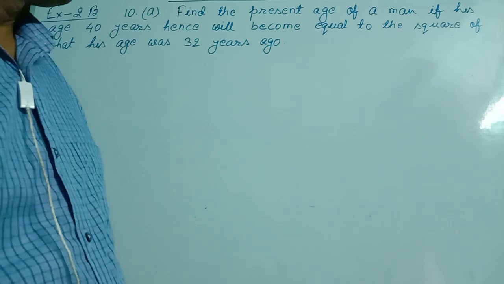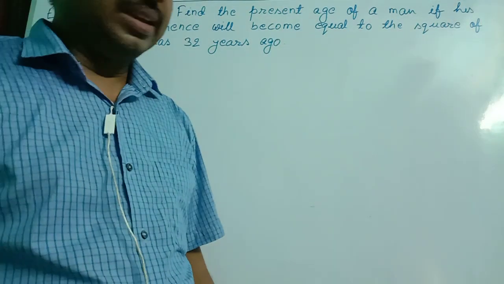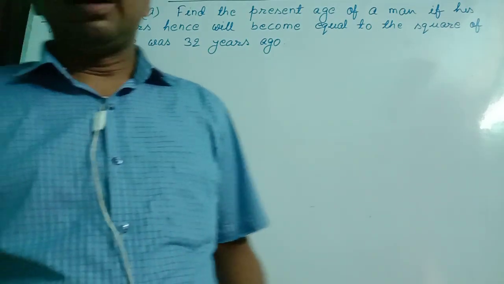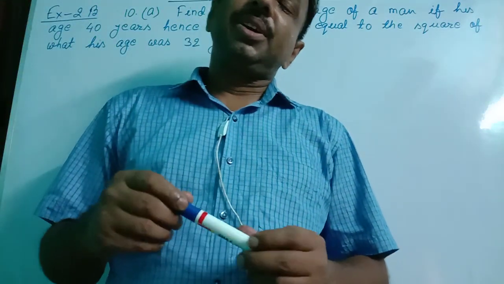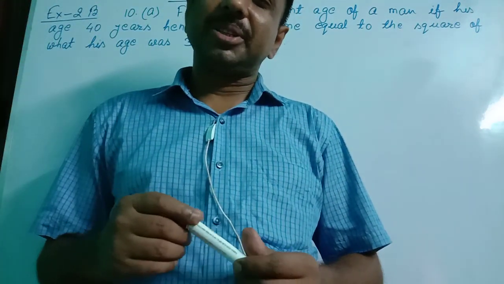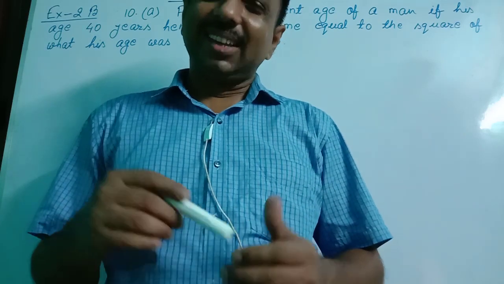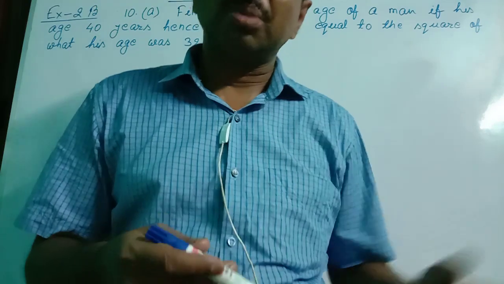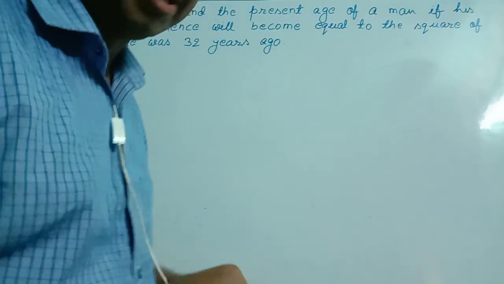Again, the same thing. Question number 10a, a statement is there. After understanding the statement, we shall make the quadratic equation, and in the next phase of the solution, we shall apply that trick to solve the quadratic equation. So let us see the statement.